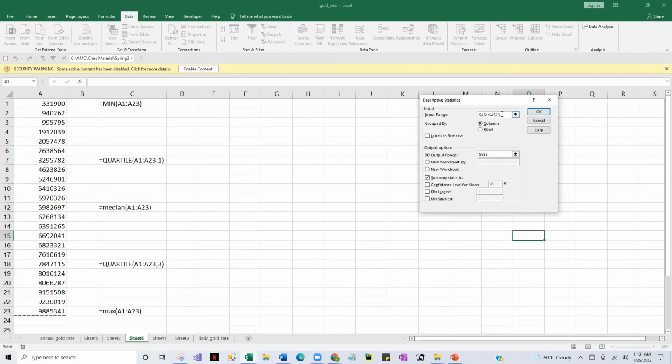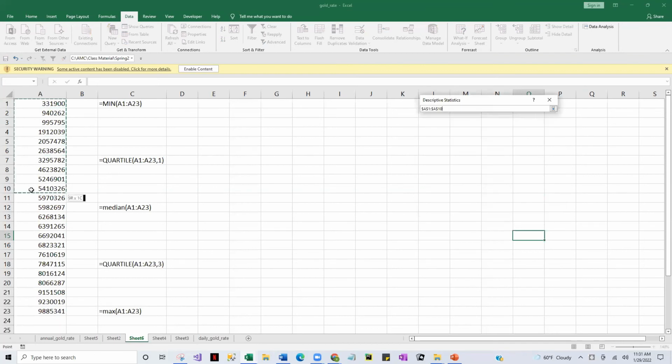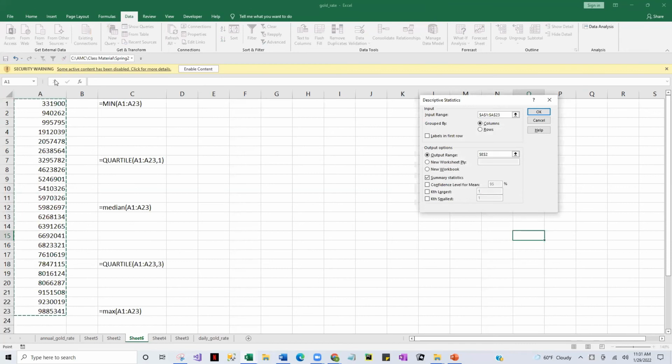Then it will ask for your input. Yeah, that's what I had the question on. So how do you know which input? Oh, you just drag it. Because this is the data you're going to analyze, right? So whatever data you're going to analyze is your input. And output is where you want the data to show.